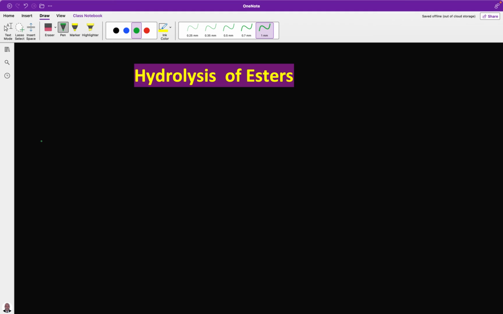If you take an ester like this one, ethyl ethanoate, you are hydrolyzing it using acid hydrolysis.